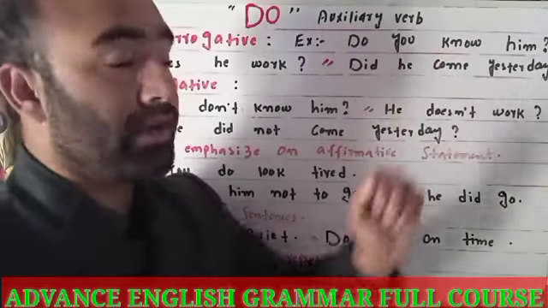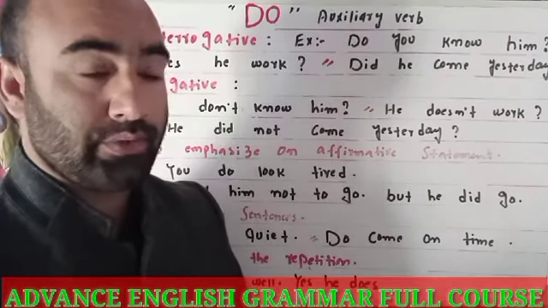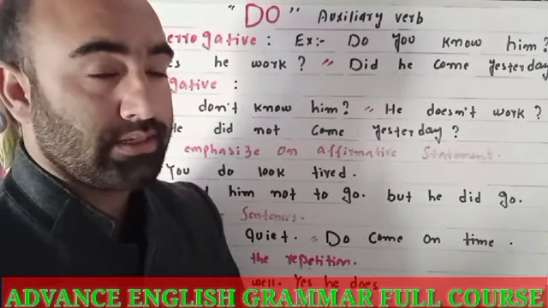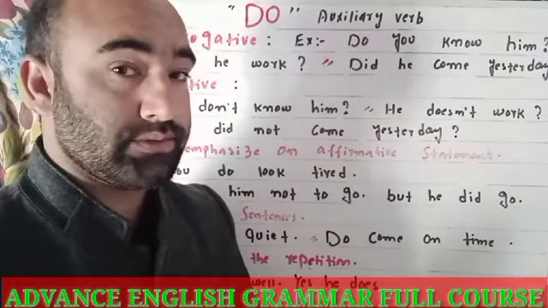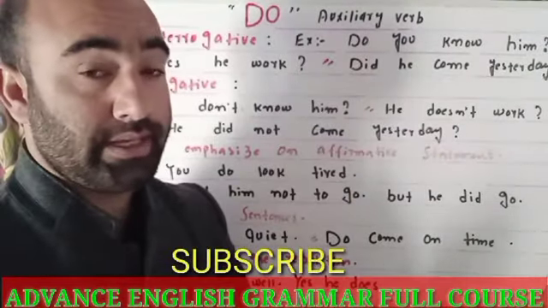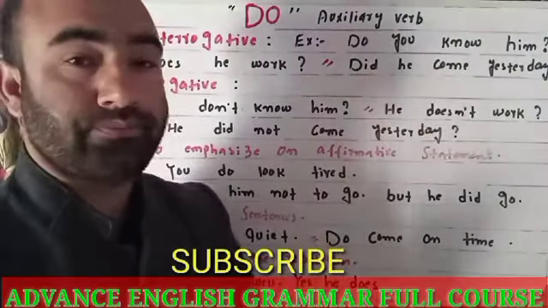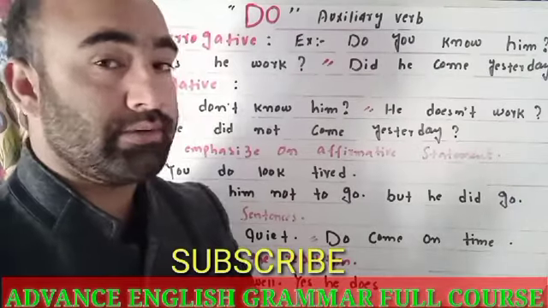Do you know him? We use the auxiliary verb do with the first person pronouns and the second person pronouns. With you, I, they, we, we use this auxiliary verb.